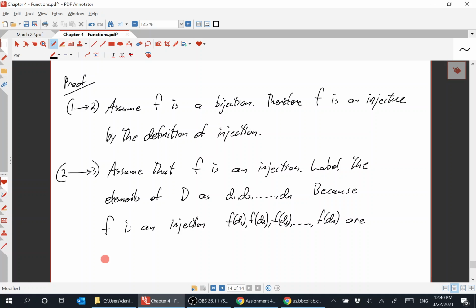How many distinct elements of the range? Right, there's n domain elements, and when you hit them all by F, they turn into range elements. How many range elements, since they're distinct?